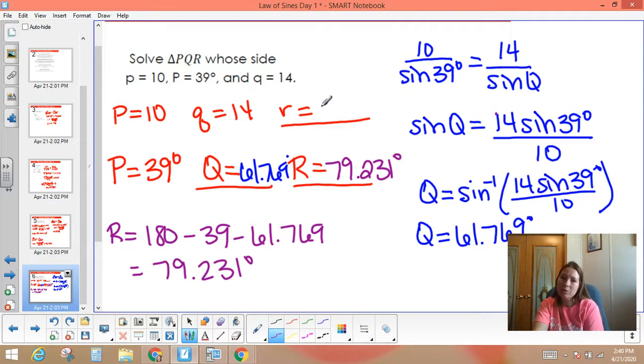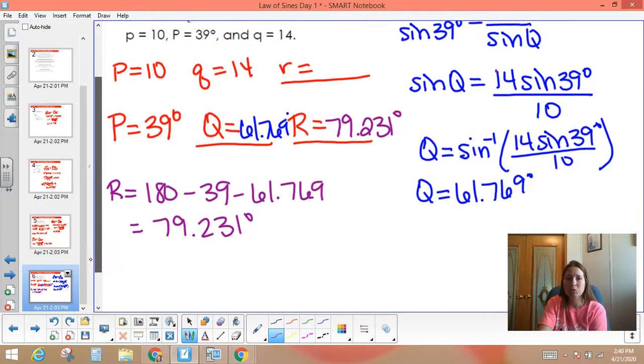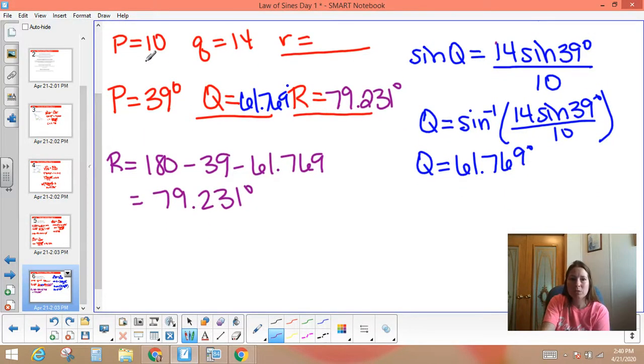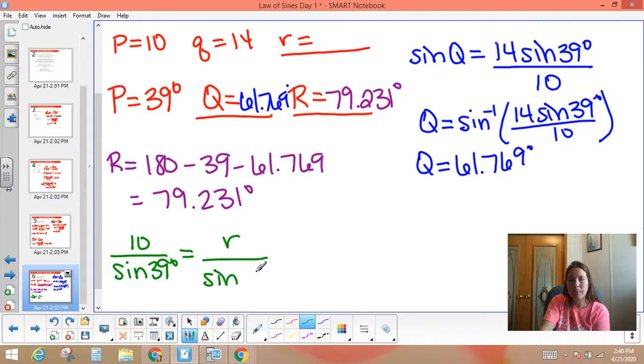All right, so now what we have left is to find side R. And so this time we have to use this found information. We don't have a choice, but we can still go back to using the given for the matching pair. So we're going to set up that 10 divided by sine of 39 degrees is equal to R divided by sine of 79.231 degrees.